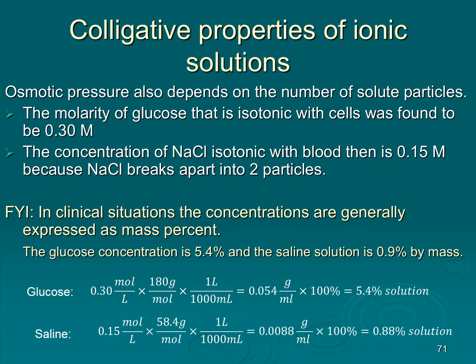Saline is 0.15 molar times the 58.4 grams per mole, converted to grams per milliliter times 100%, which gives you a solution that's 0.88% by mass. And again, keep in mind that because NaCl breaks apart into two particles, the osmolarity will again be 0.3 in both cases. So these will all give you isotonic solutions.